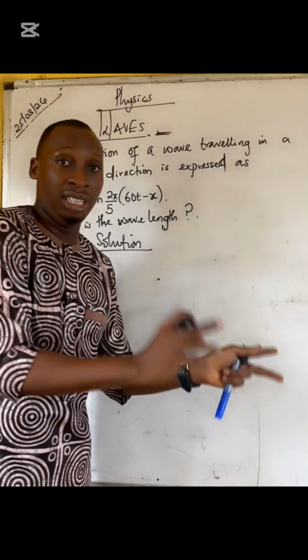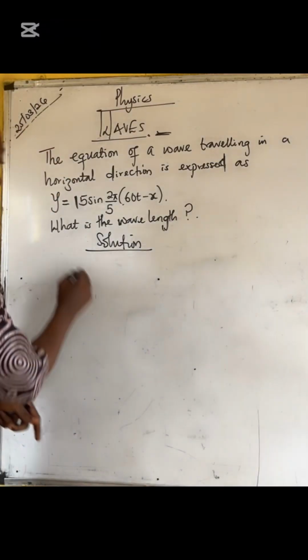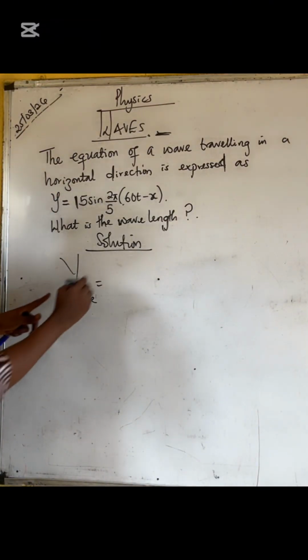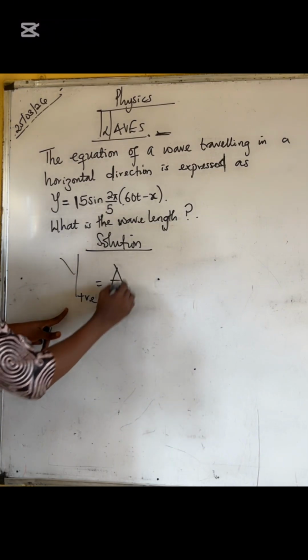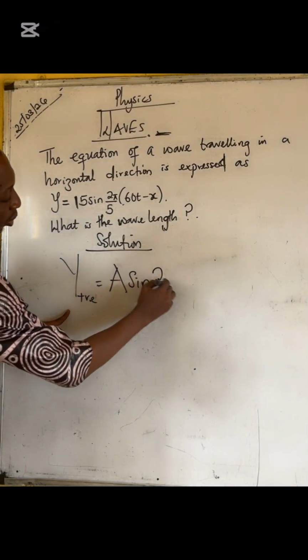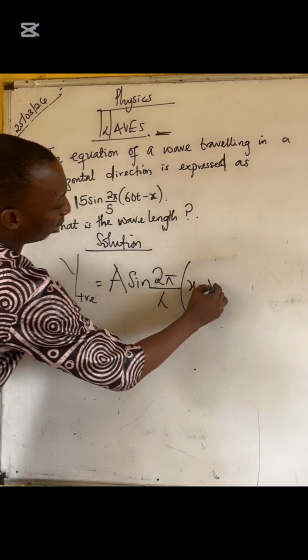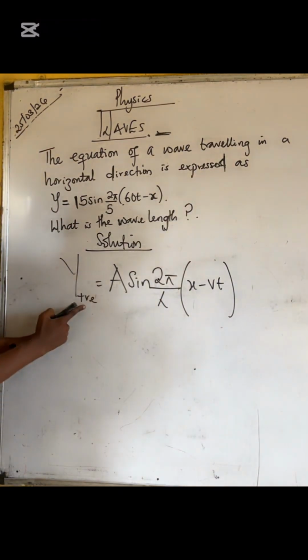Anytime it is traveling in the positive direction, the equation of that wave is y = a sin(2π/λ (x − vt)).